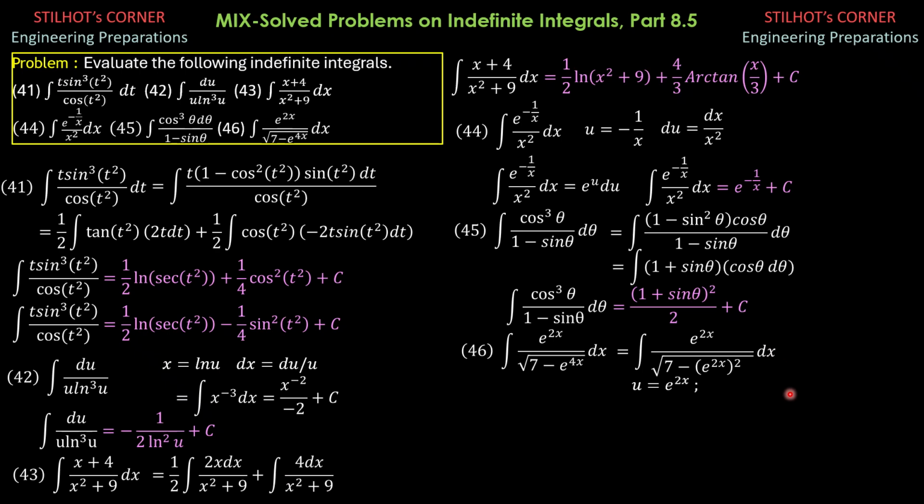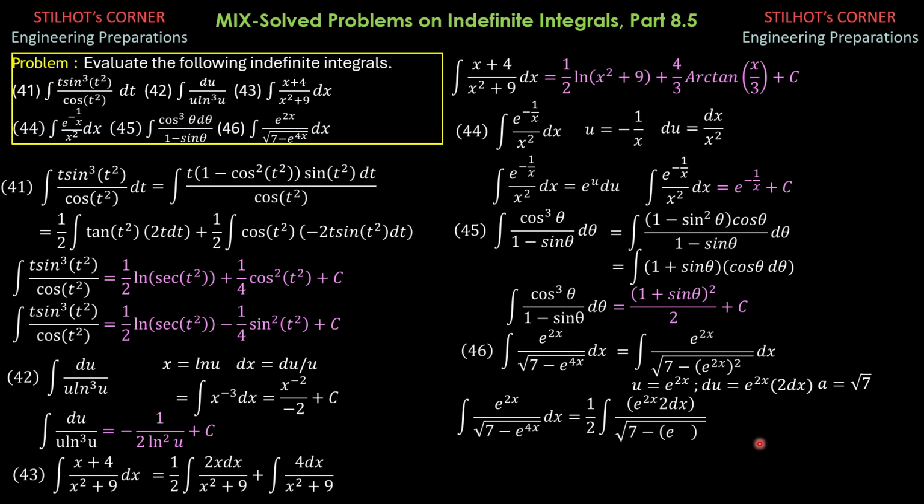So let u be e to the 2x. du is e to the 2x times 2 dx. That's why we put it, so a is square root of 7, and we put in 1 half integral of quantity e to the 2x times 2 dx over square root of 7 minus e to the 2x quantity squared.